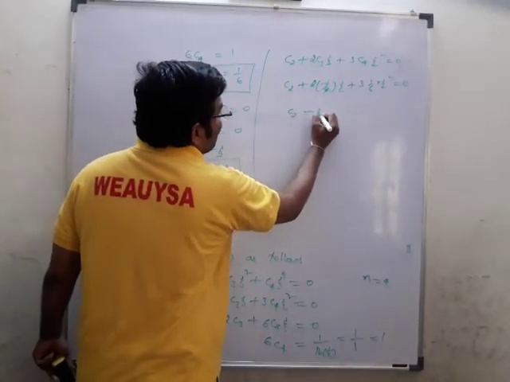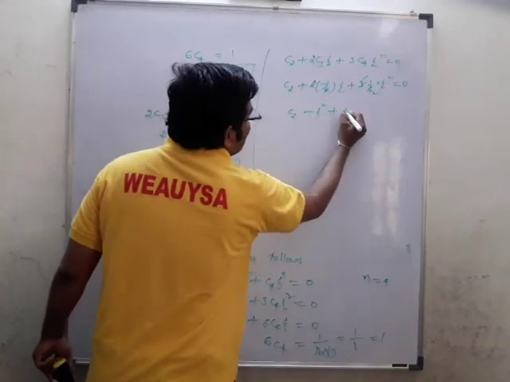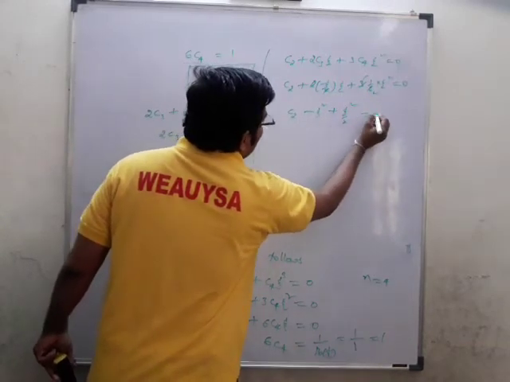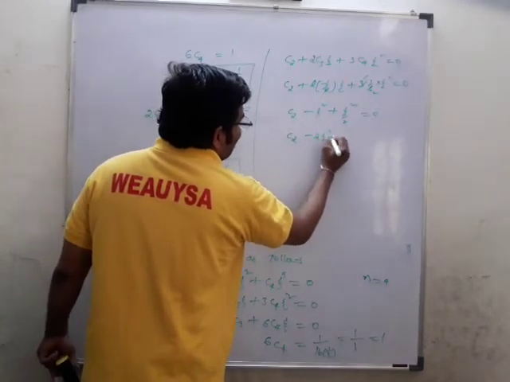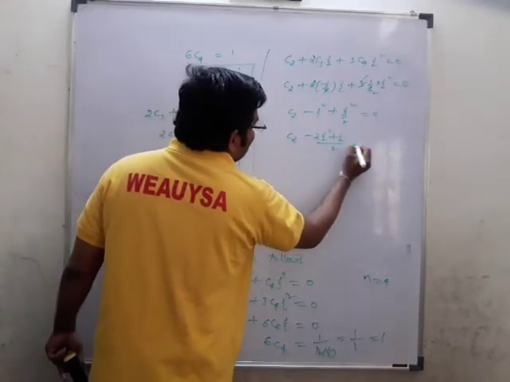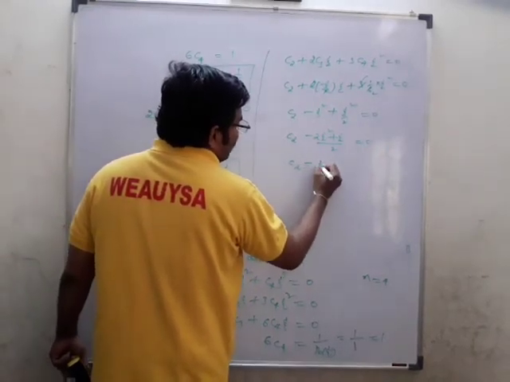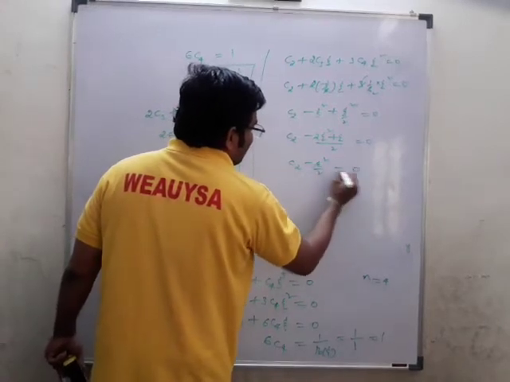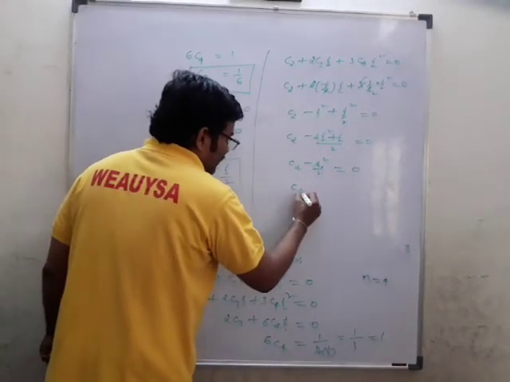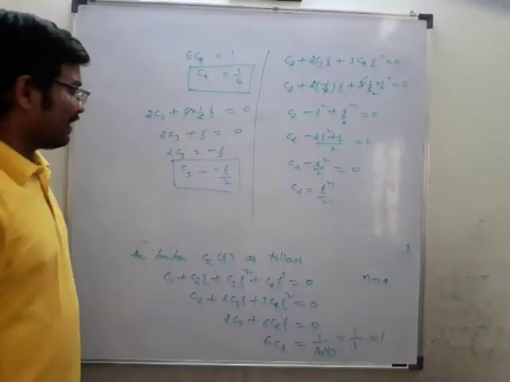C2 minus xi square, and 3 ones are 3, 3 twos are 6, so this is xi square by 2, equal to 0. So C2 minus xi square by 2 equal to 0. Therefore C2 is equal to xi square by 2.